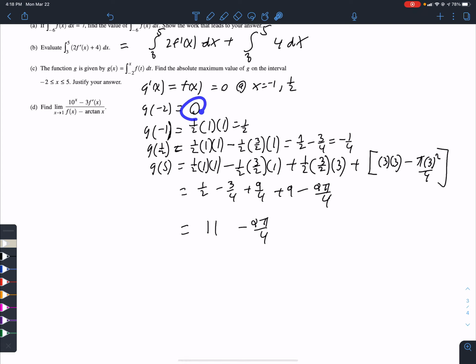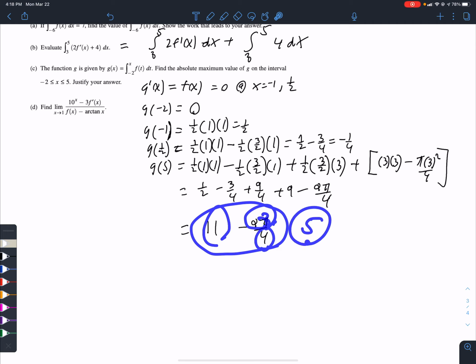So we have 0, 1/2's bigger, that's smaller. And then this, what is that? This is about 3. That's about 27. 27 divided by 4? I don't know, 6 or 7, say it's 7. 11 minus 7, that's going to be 5.